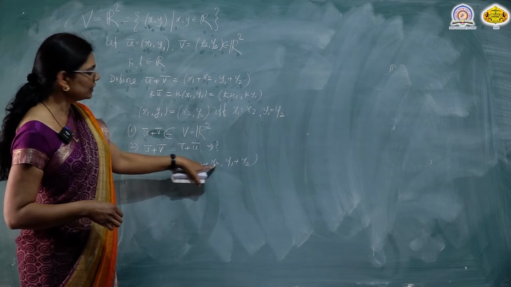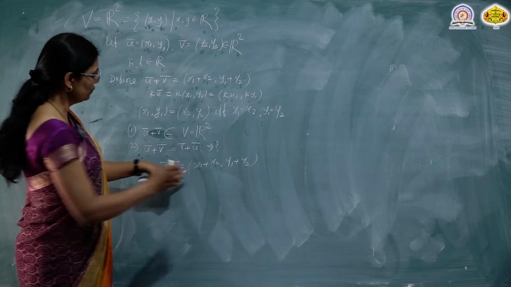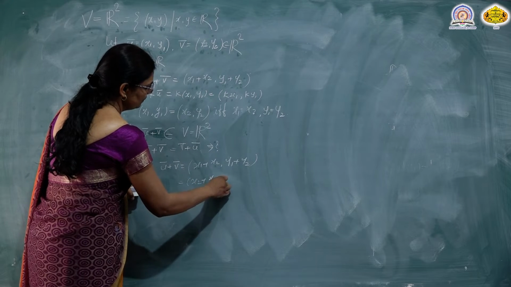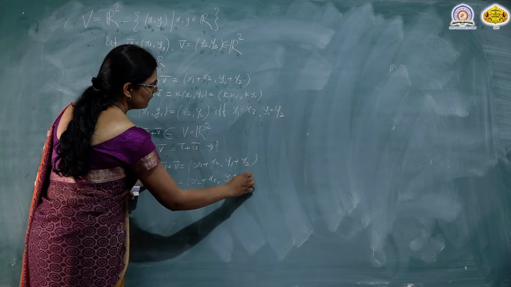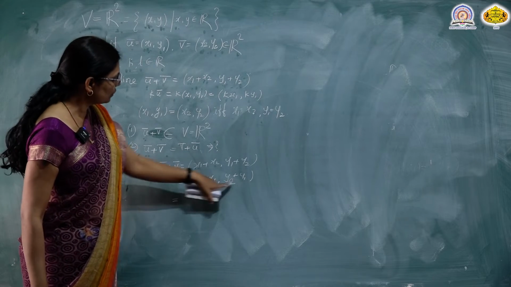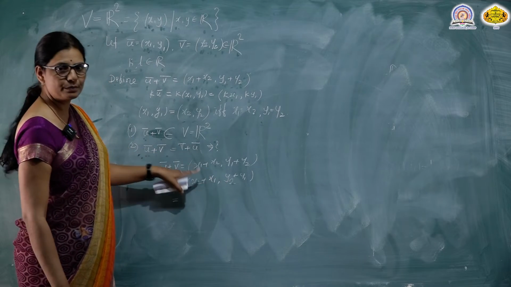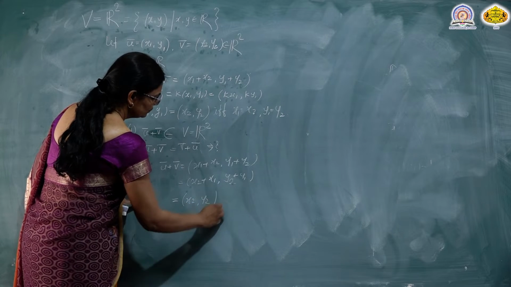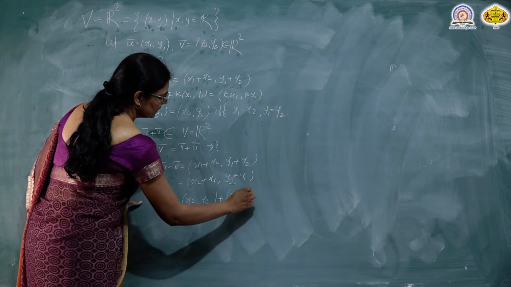So this can be written as an ordered pair, equal to this ordered pair.